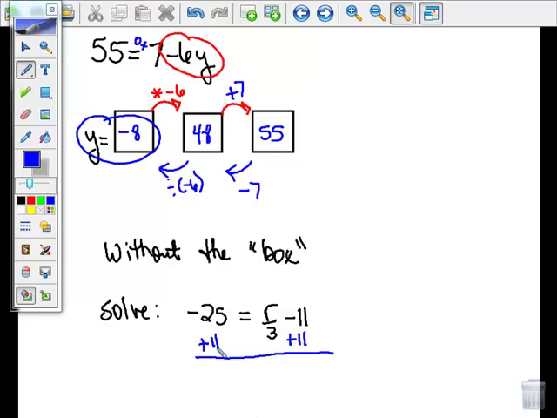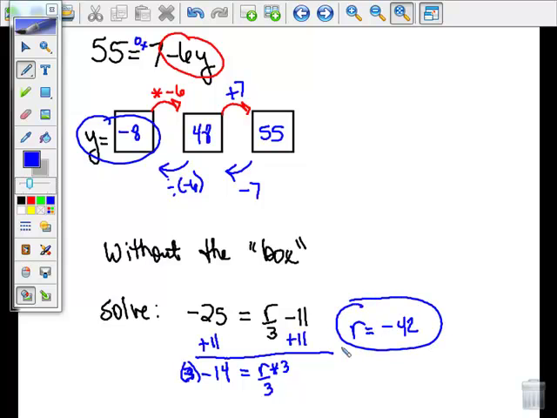So negative 25 plus 11 is negative 14 equals r minus 3. And then we have to undo the division, so we multiply both sides by 3. That's not a negative 3, that's positive 3. So 3 times negative 14, r equals, we know it's a negative, and it's 42. R equals negative 42.